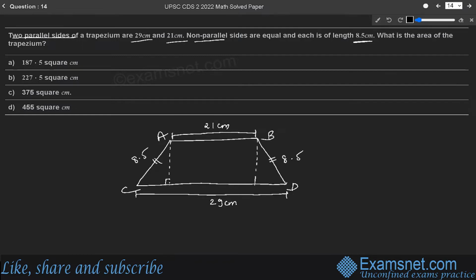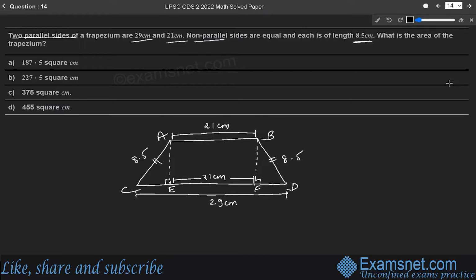We know that this angle is 90 degree and this will be also 90 degree. Now you can see that if perpendicular is drawn, means it will be drawn at some point. So let this point be E and F. Now if AB is equal to 21 centimeter, then EF will be also 21 centimeter.